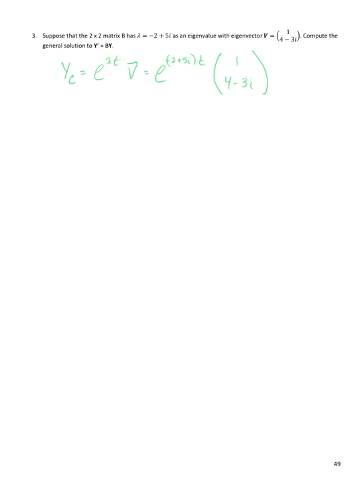Now we're going to have to use Euler's formula to simplify this and get a real and an imaginary solution. So e to the negative 2 plus 5i t, I'm going to distribute the t. So this is e to the negative 2t plus i5t. And that's all times 1, 4 minus 3i.